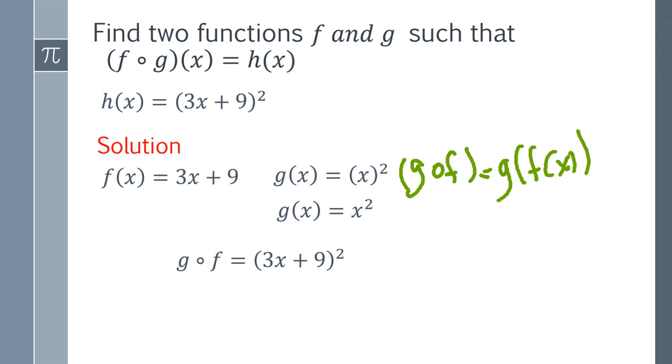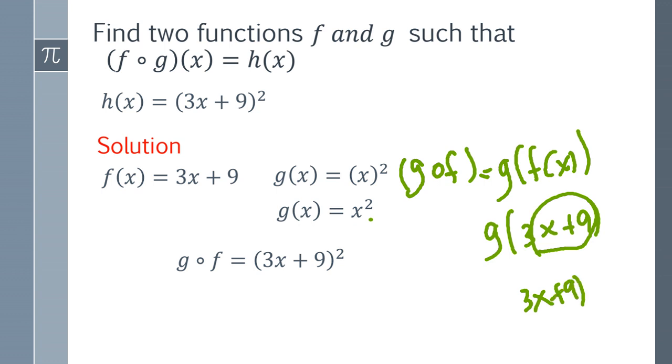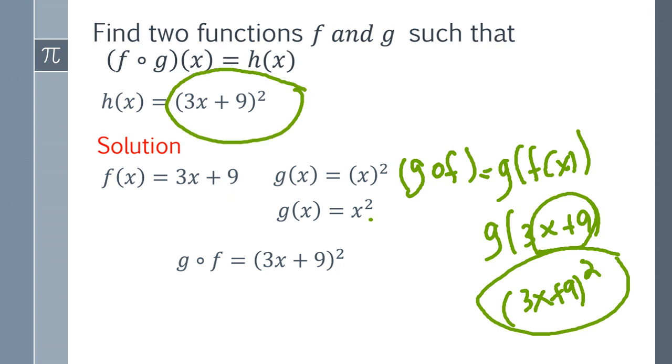And so if we write it out, f of x is 3x plus 9. And now if I plug it in, we're going to take this in for x. So we get 3x plus 9 squared. Is this what they wanted us to have? Yes, right? Now the only thing here is that the problem wants you to use f composed of g.